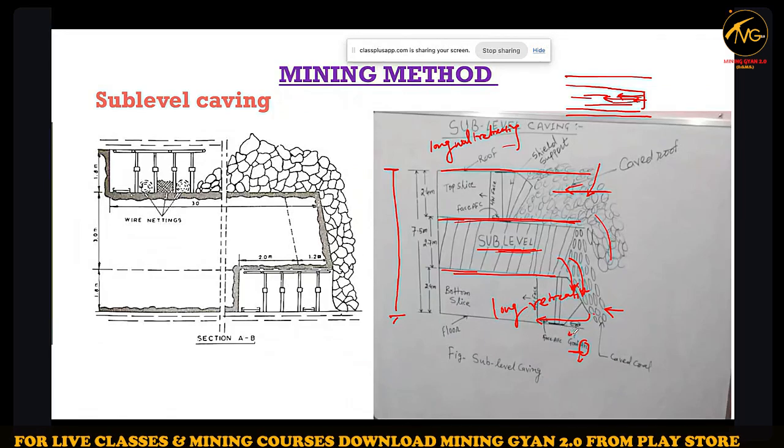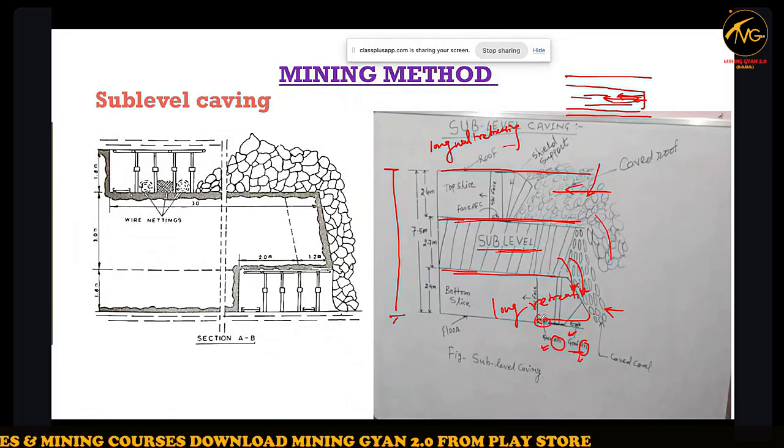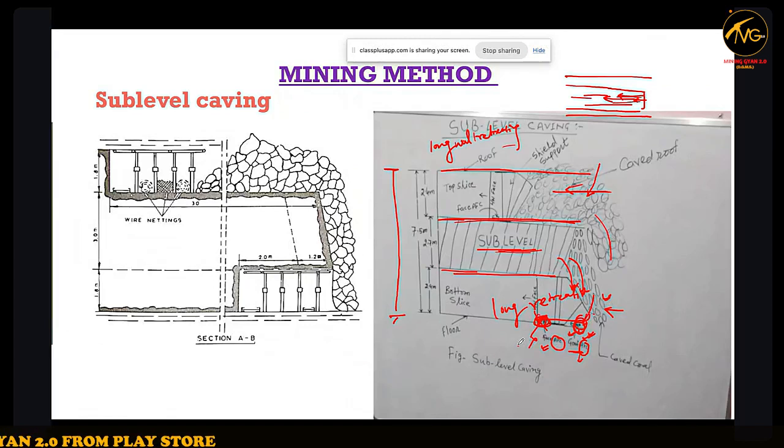When we are using this GOF AFC, we will not use this AFC. There are 2 AFCs, two conveyors here. We will not use this conveyor while we are lifting the goaf coal. When we are using this AFC, we will not use this other conveyor, and we will extract this coal. So this is sub level caving.